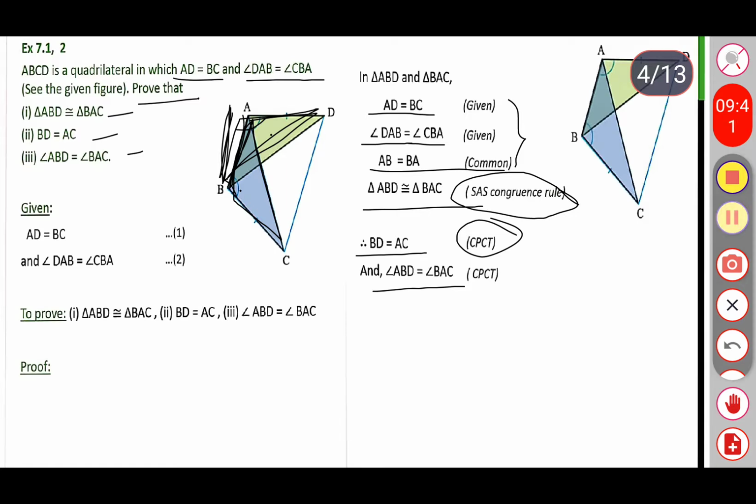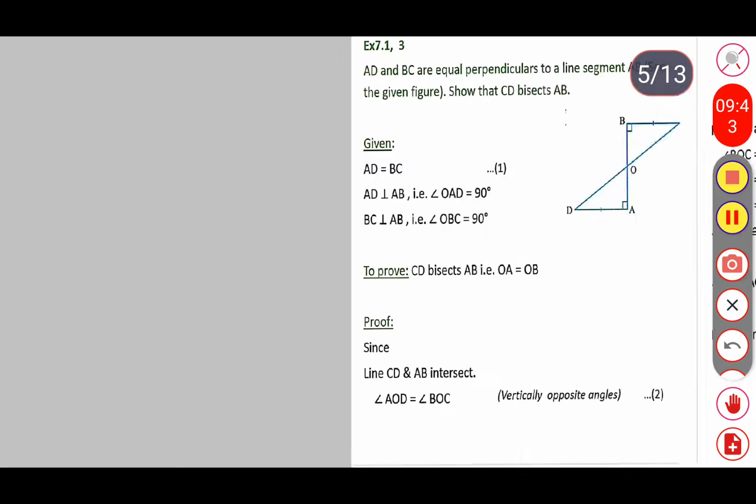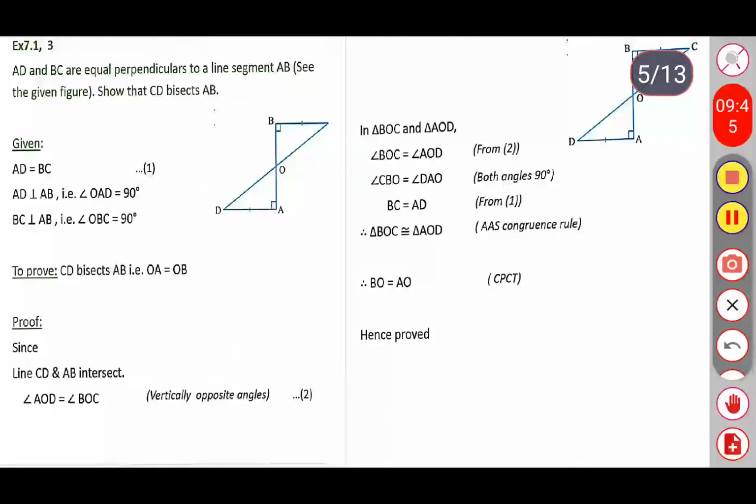Now look at the next question, third one. AD and BC are equal perpendiculars to a line segment AB. So AB is the line segment. Here AD and BC are equal perpendiculars to the line segment AB.